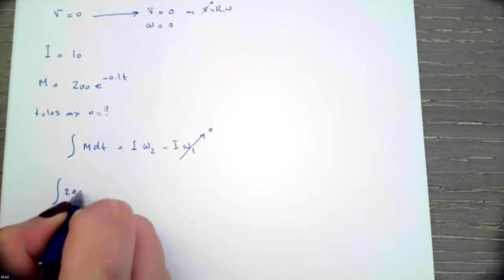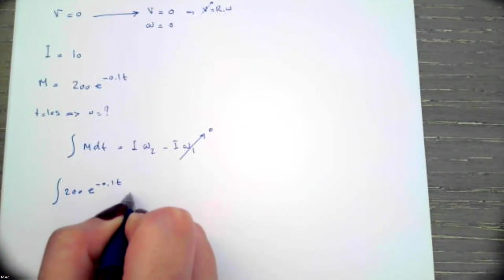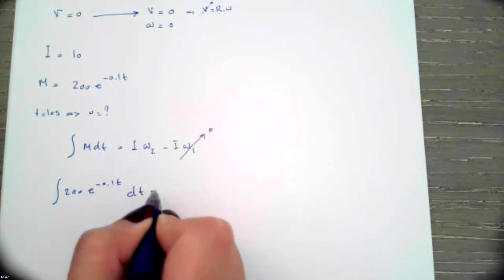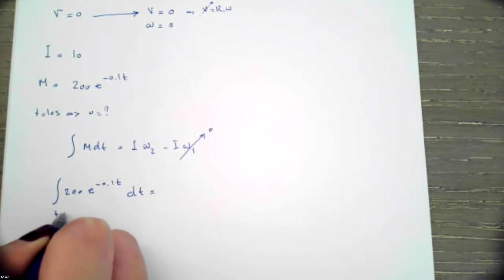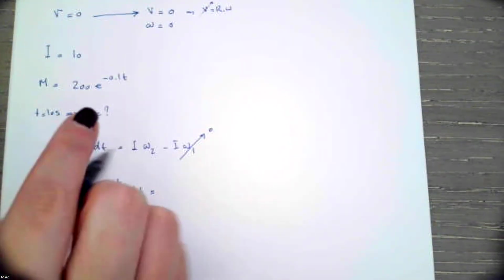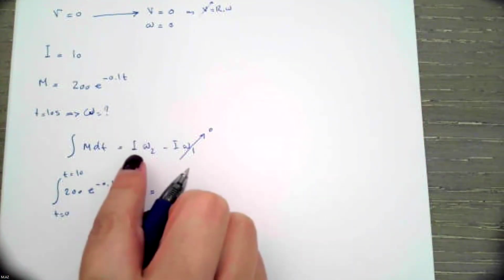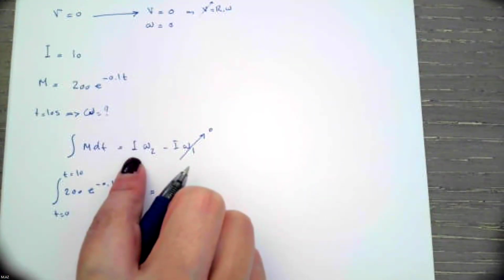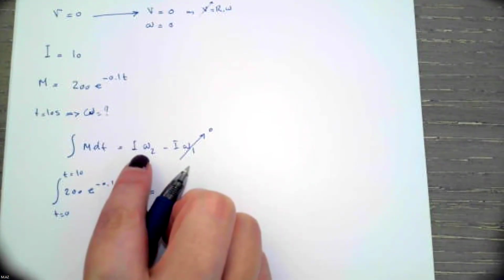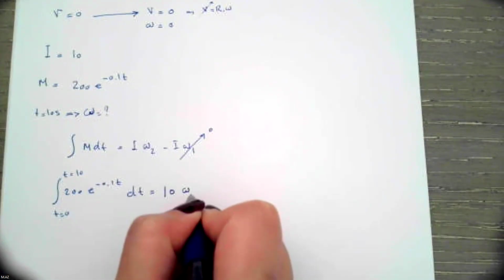Now we have 200, and from time 0 to time 10 seconds, because we have to find omega at time 10 seconds. The moment of inertia is given as 10 kilogram meter square, omega 2.